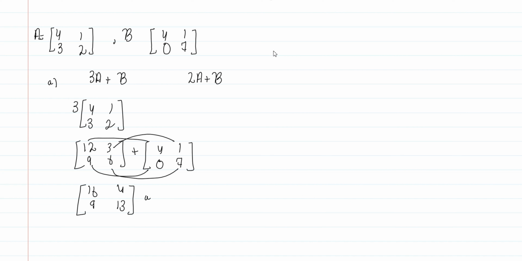Now part number B, I'm doing here directly 2 times the matrix 4 3 1 2, which is 8 6 2 4, plus B, 4 0 1 7.